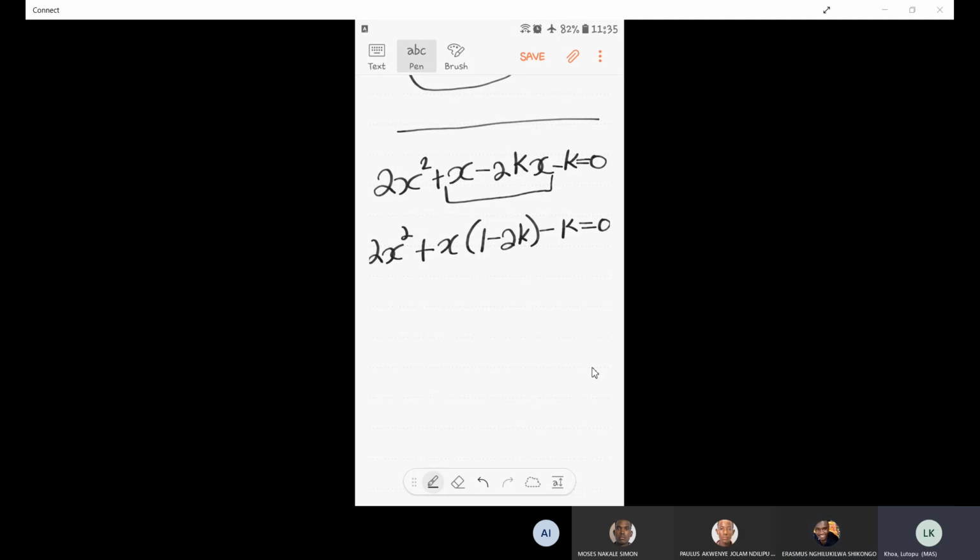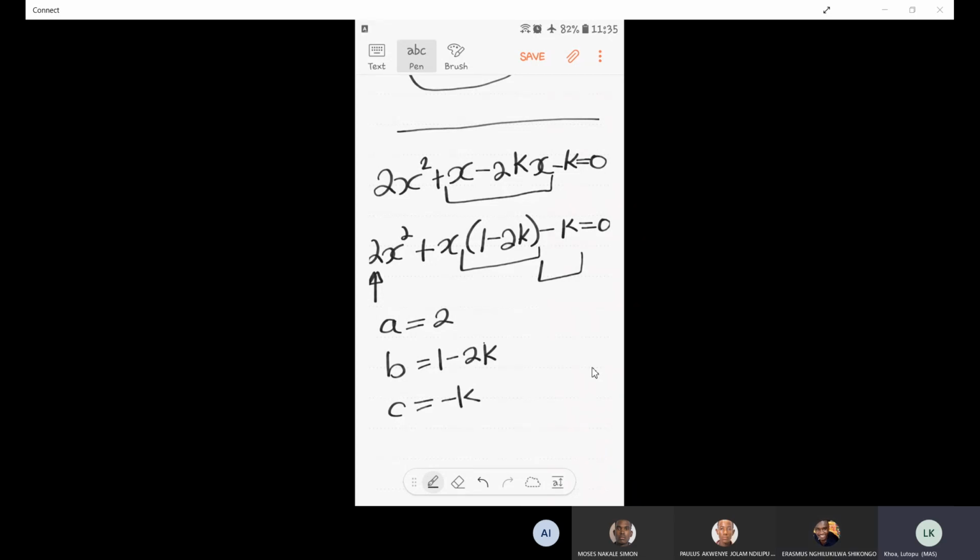So from here I can now identify what my a, b, and c are. So a, we said, is the coefficient of x squared, which is 2. b is the coefficient of x, which is 1 minus 2k. And c is the term that does not have an x, which is minus k.